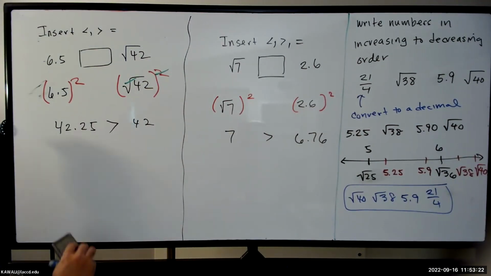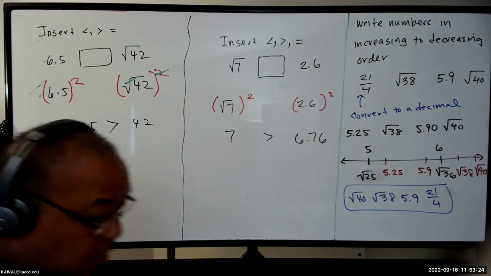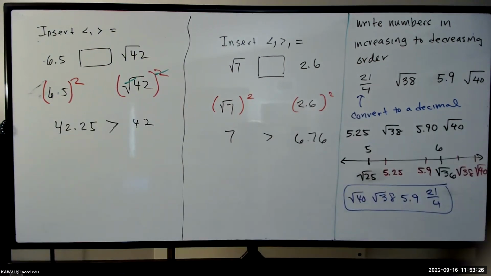Okay, let's try that again. Let me take a picture. Professor, is there a way we could easily convert the square roots into decimals without the calculator? No, it's hard. That's why you kind of have to fudge it this way.